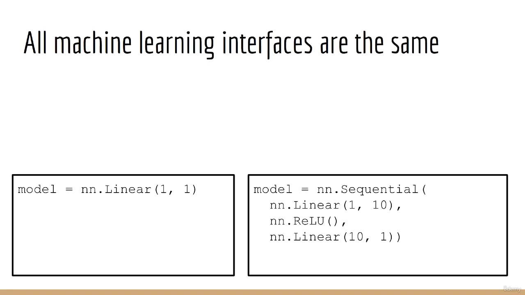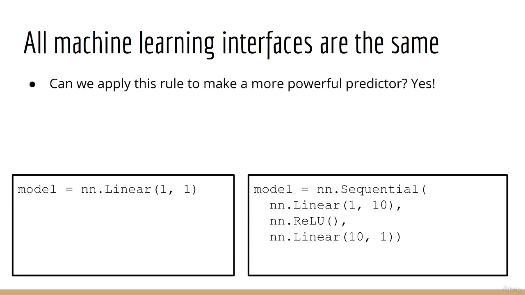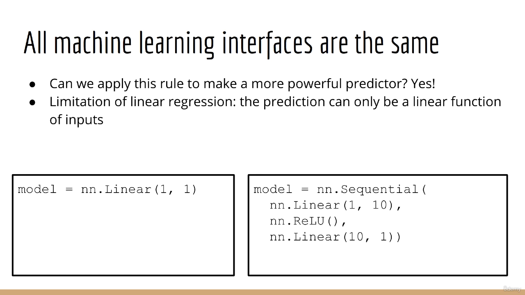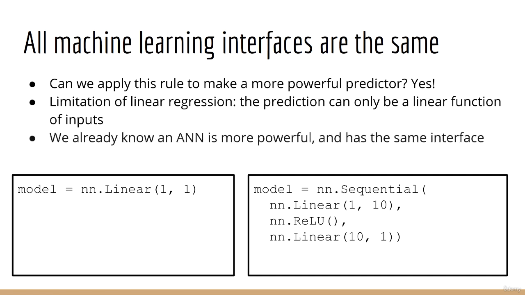As a final note in this lecture, I want to think about how we can apply the rule all machine learning interfaces are the same in order to build a more powerful predictor. One limitation of linear regression is that the prediction can only be a linear function of its inputs. Luckily, we already know how to build a more powerful model that works on the same kind of data, an ANN.